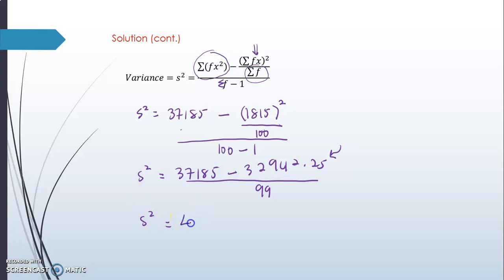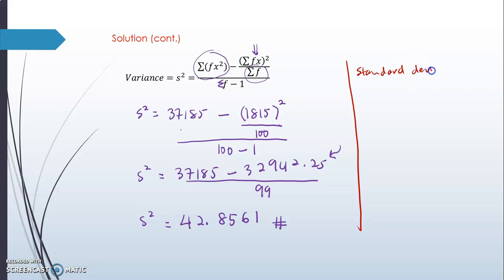So your variance is 42.8561. Next, for standard deviation, the notation is s, and the formula is the square root of the variance, so the square root of 42.8561.